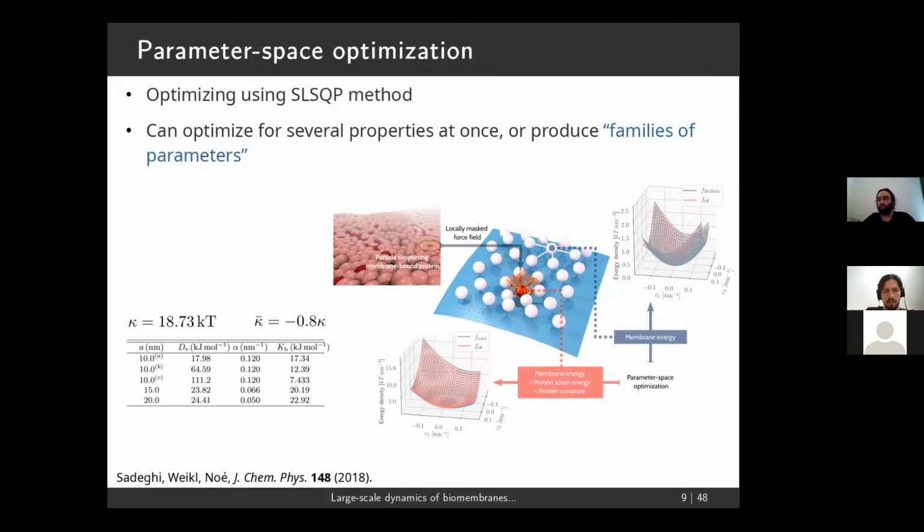So it is numerical, but I'm not doing a simulation per se. This is done before, basically. It's a parameter space optimization. What I do is that I have a representative volume element, a small enough model of the membrane for which I can dictate a certain curvature.